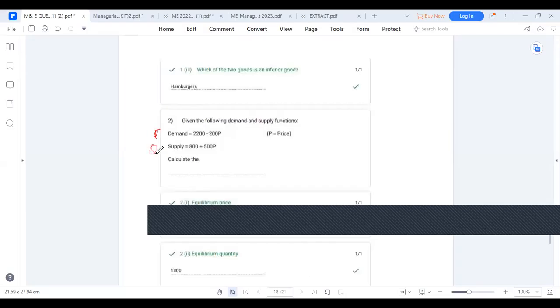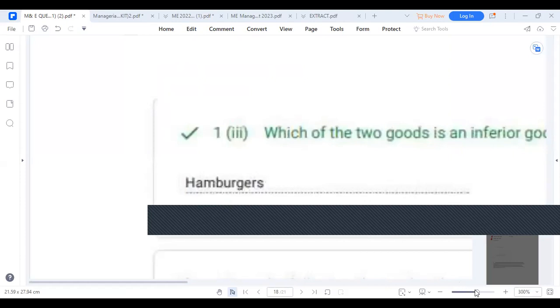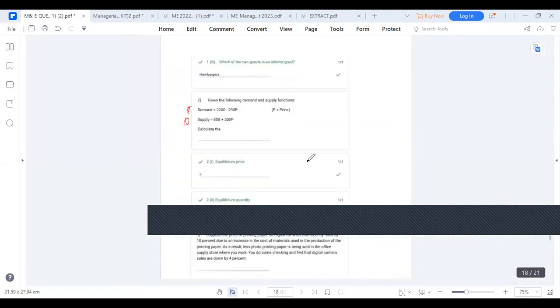Here there's a P over this is a Q. I want you to try to find the equilibrium price and quantity for these two.